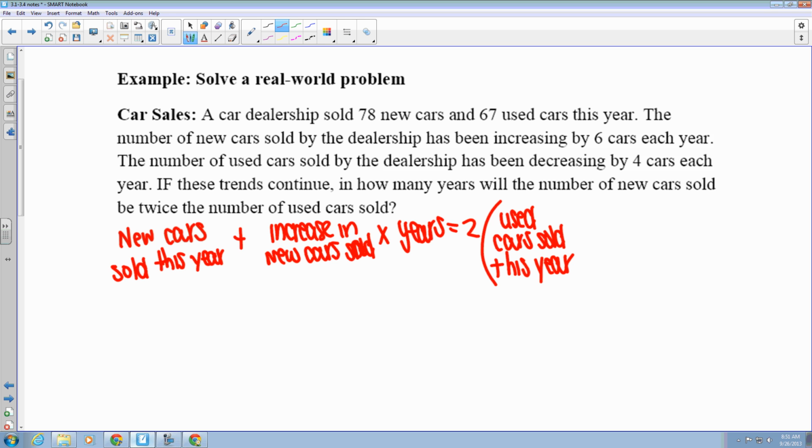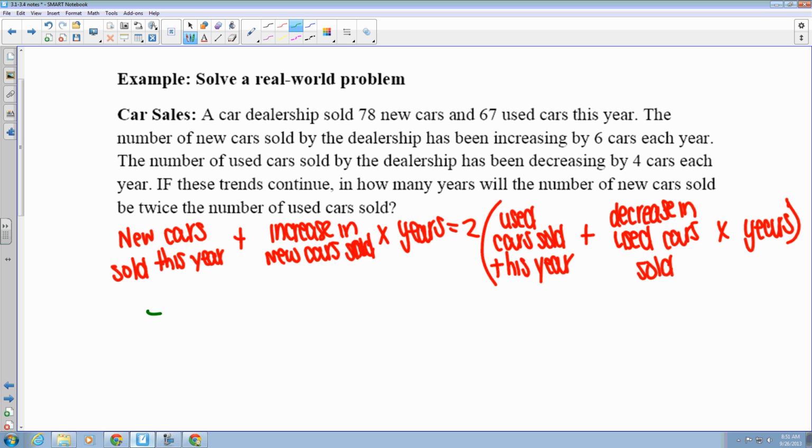So it's twice the number of used cars sold this year, and it's going to look the exact same on the other side, only it's a decrease in the used cars sold times the number of years. And our question is the years, so that's what our variable is going to be on both sides.